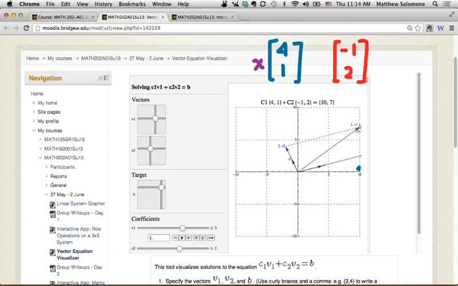And just for now, I'm going to call those linear combination coefficients x and y yet again, to connect it with our original system of equations that used x and y as the variables. And then the question was, how do we find an x and a y? In other words, how do we find an appropriate linear combination that turns (4, 1) and (-1, 2) into our right-hand side target vector (10, 7)?